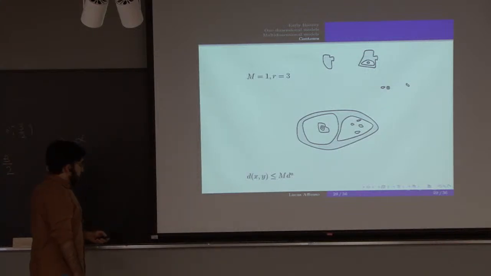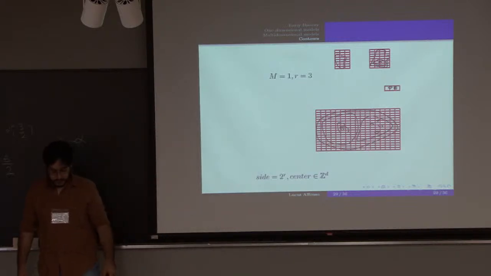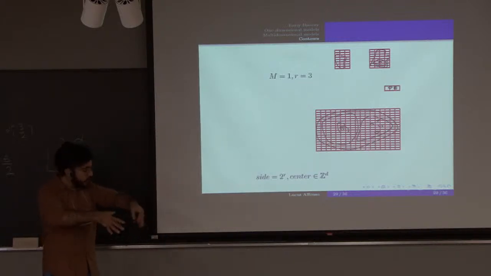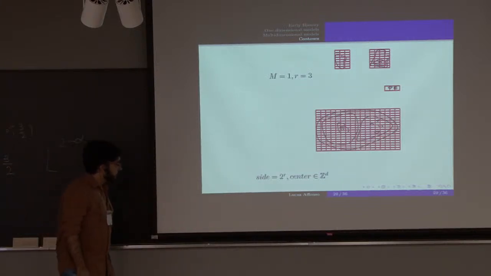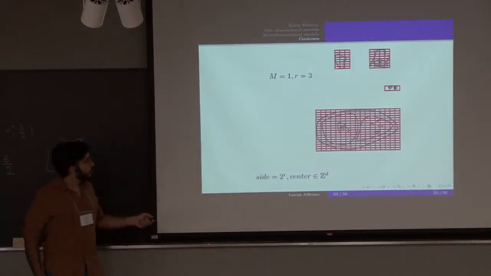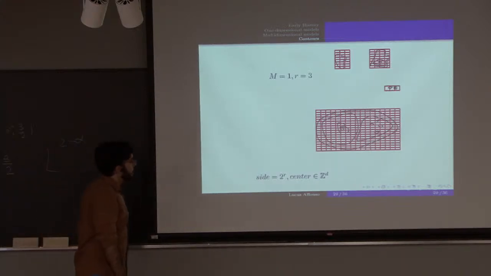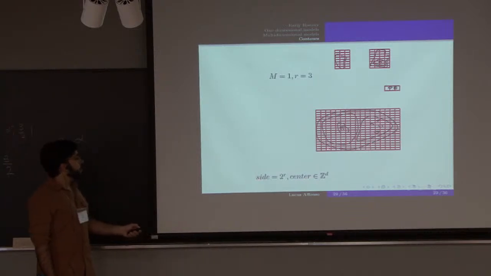Okay, and then after you do this first cleaning of the set, you will start with the multi-scale argument. So what is the idea? The idea is the following: you first cover the remaining set with cubes of side length 2 to the power r, and the centers of the cubes must be on ZD. If you make this covering, the cubes may overlap.